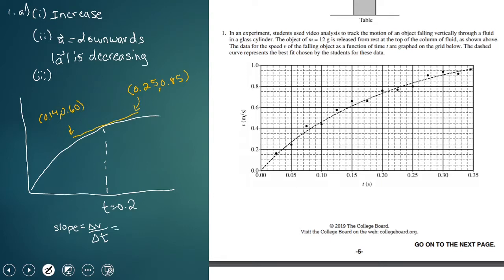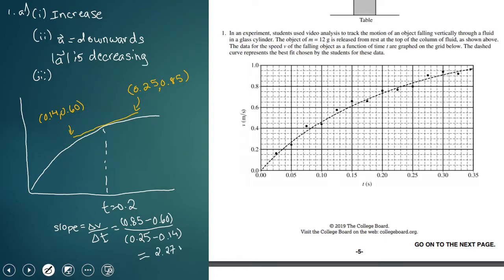And so this is equal to 0.85 minus 0.6 over 0.25 minus 0.14. And so putting this into my calculator, I should get the value 2.27.